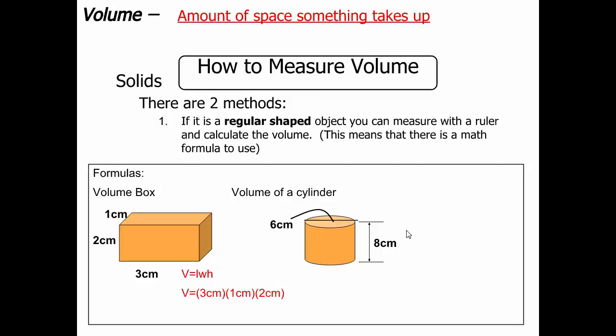Yes, so remember, what we do with our numbers, we do with our units. So 3 times 1 times 2 is 6. Centimeters times centimeters times centimeters is what? Centimeters cubed, sometimes called cubic centimeters.